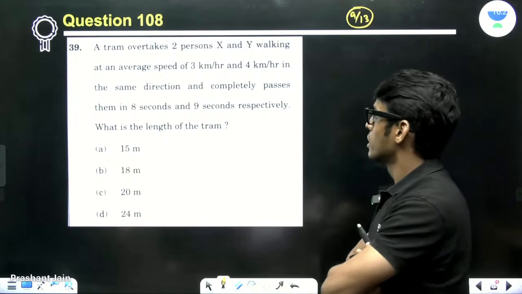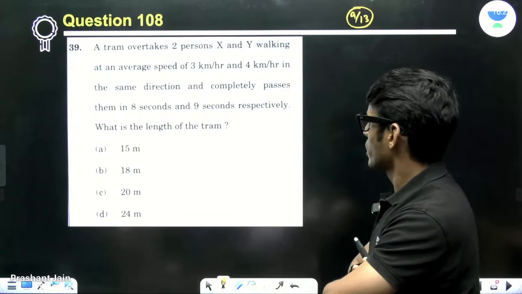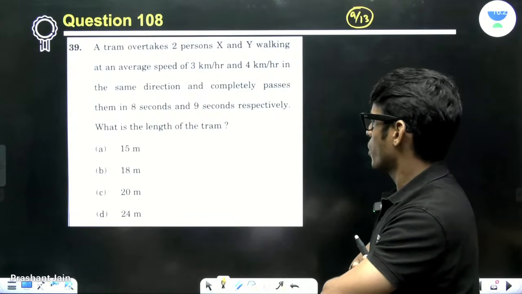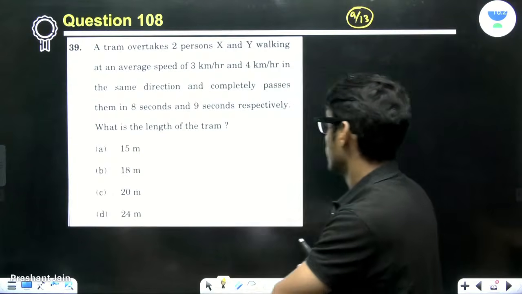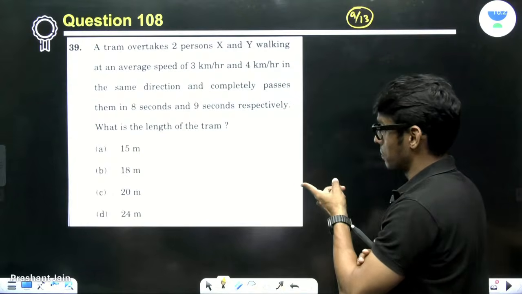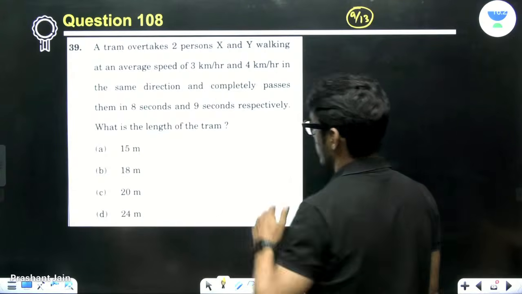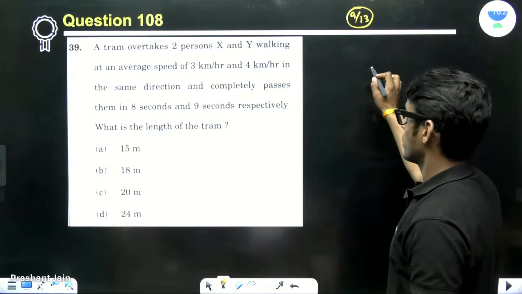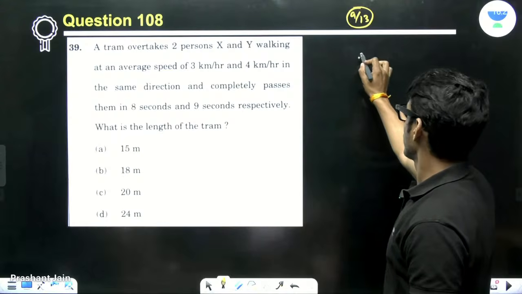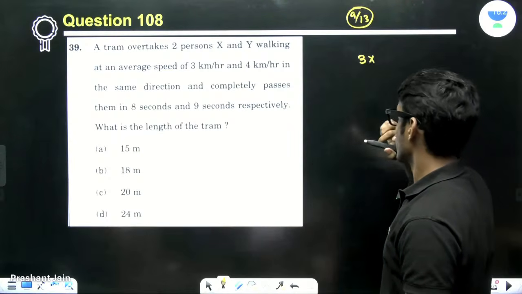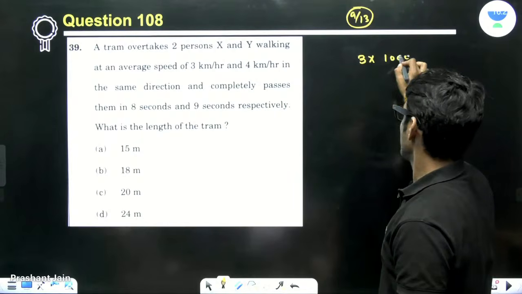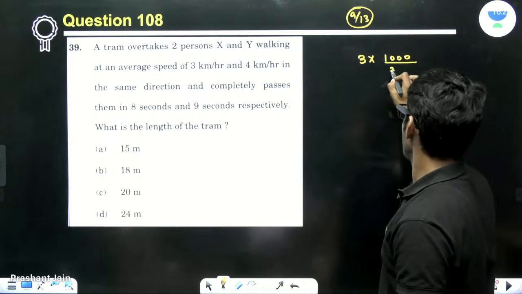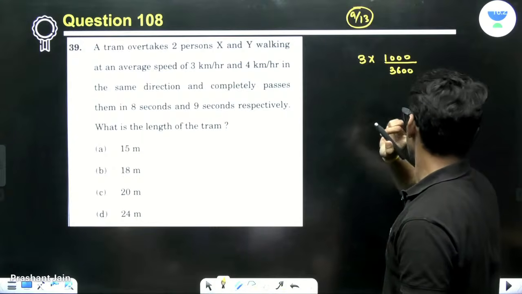Okay. So now what we will do, first of all, see, this will have a lot of fractions, right? Meter per second. First of all, 3 times, this is kilometers per hour, right? So I will multiply it with 1000 meters and 3600 seconds.